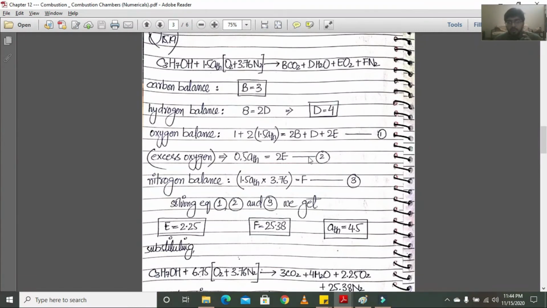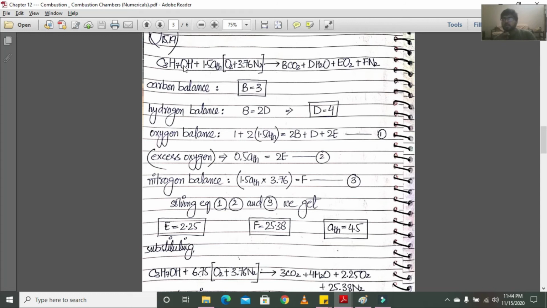Now here you can see that on the left hand side we had excess oxygen of 50%. So the overall moles was coming out to be 1.5 times of ATH. And you can again see in this question I have 1 atom of oxygen in the fuel as well.